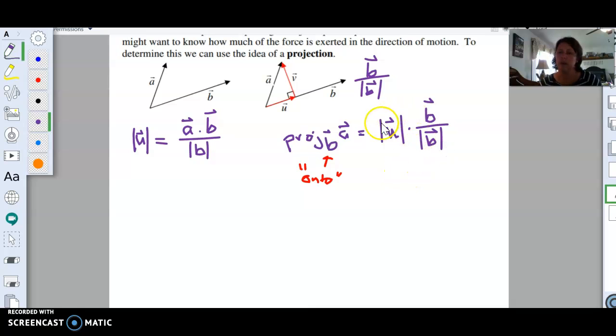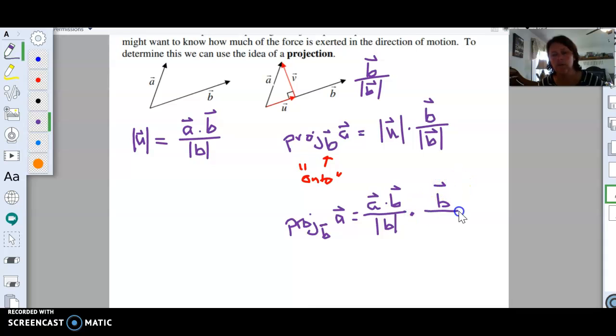Okay, so we have the magnitude, that's how long we want it to be, multiplied by the unit vector of vector B, which gives us the direction. So the projection of vector A onto vector B is going to be equal to the magnitude of U, which, if we look over here, is A dot B over the magnitude of B, times vector B over the magnitude of B.